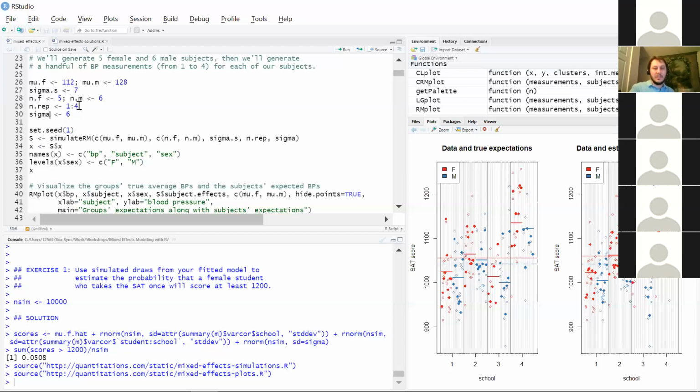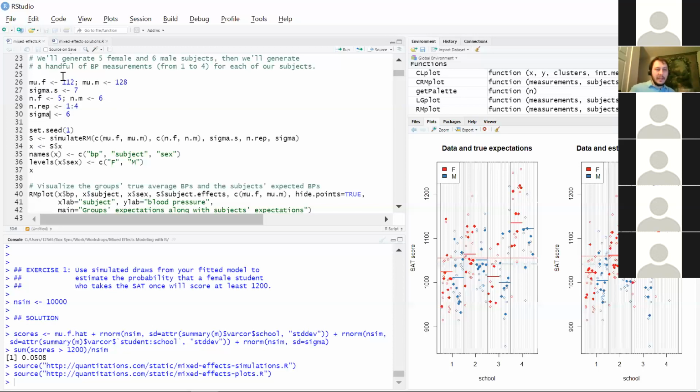So there have to be 2 different standard deviations involved here. There's the standard deviation for generating the people's baseline values, and then there's the standard deviation for generating the actual measurements that vary around a person's baseline value.